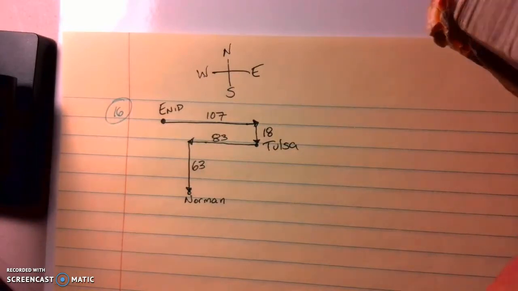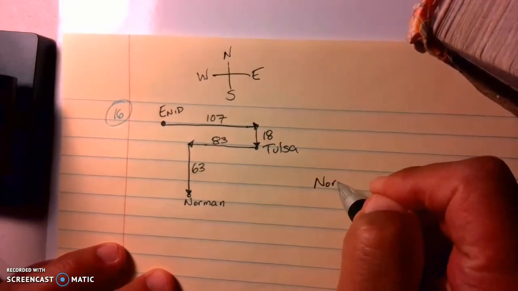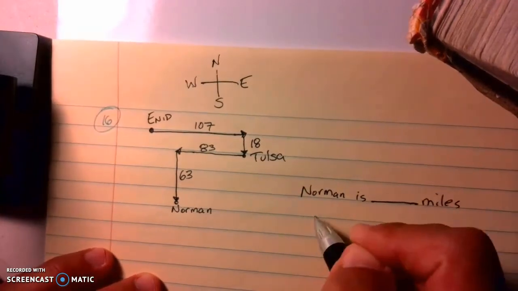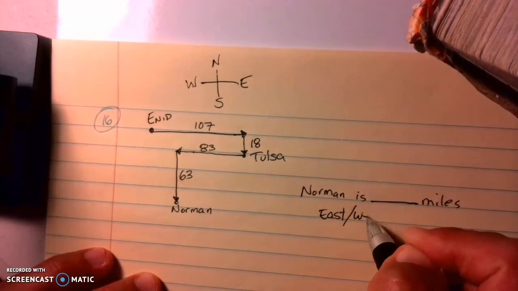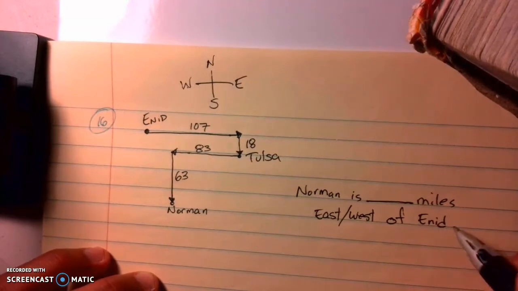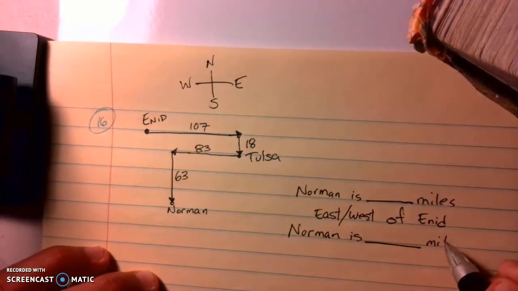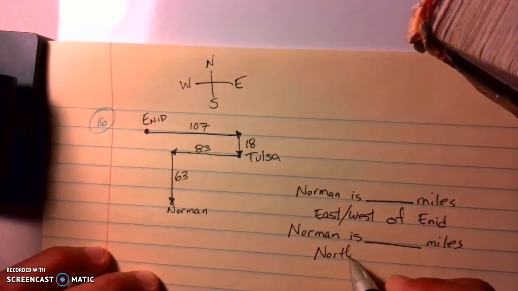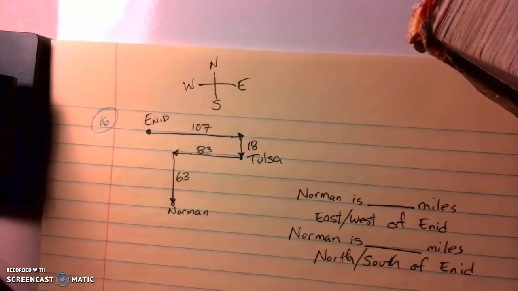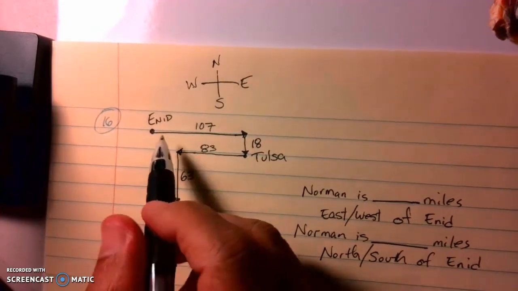So when you deal with this, you're going to basically say, Norman is a certain amount of miles east or west of Eden, and also Norman is a certain amount of miles north or south of Eden.